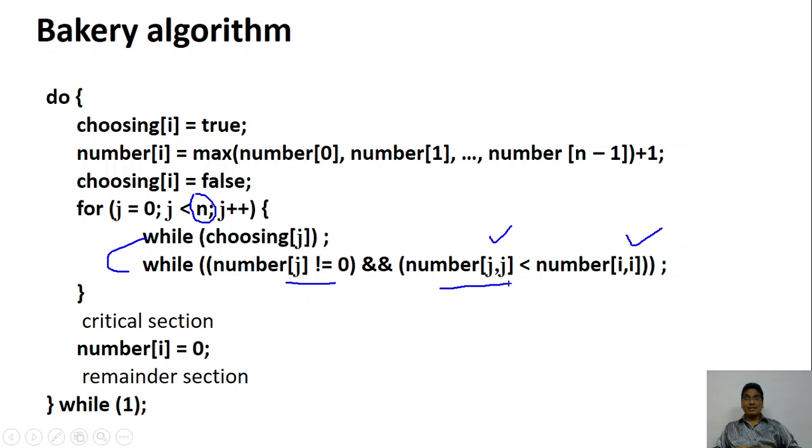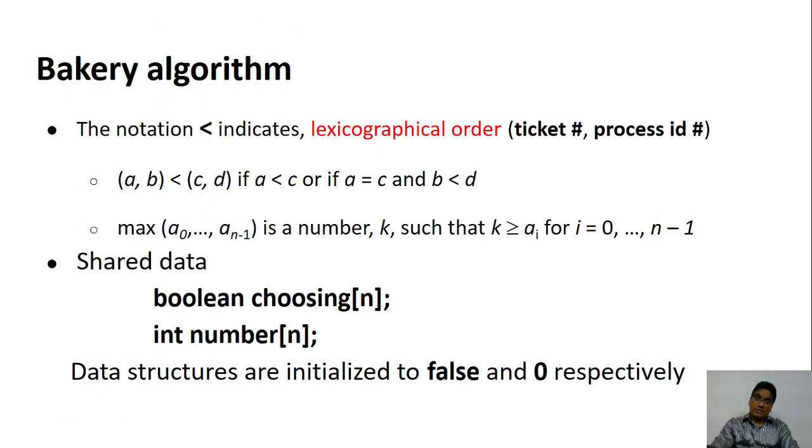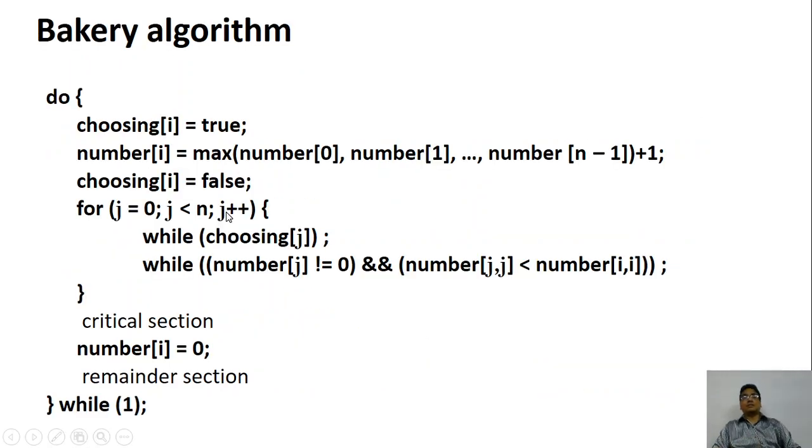Your number is the initial value. So what is the initial value? Initially nobody is given a value. So if you are not given a value, forget it. What is the meaning of you go to the 20th processor and say what is your token number? My token number is 0. What does that mean? No token is issued. Forget it. They are not there in the race.